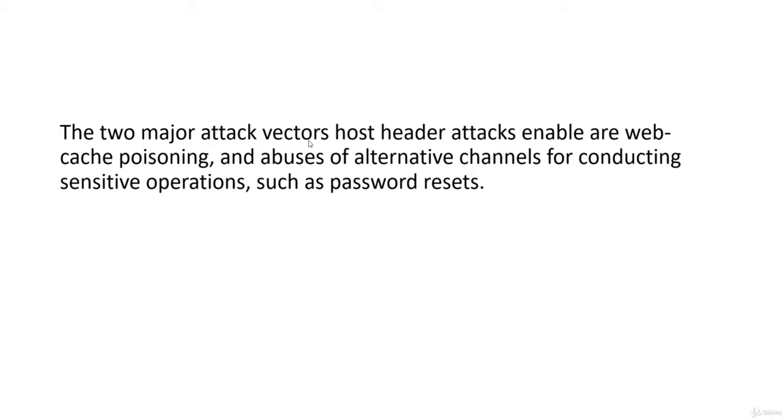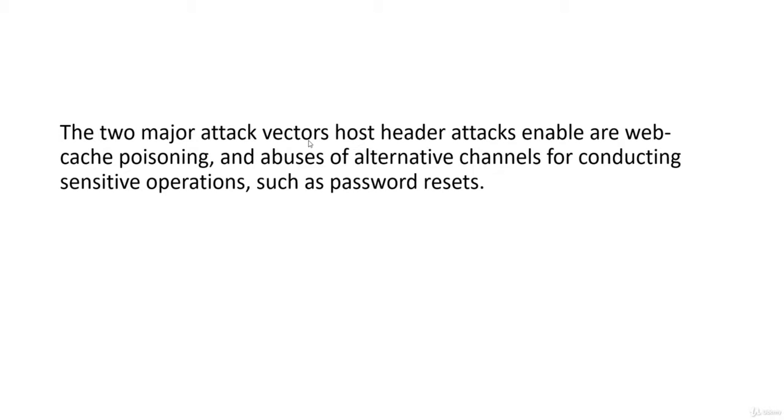The two major attack vectors that host header attacks enable are web cache poisoning and the abuse of alternative channels for conducting sensitive operations such as a password reset. So this is the major attack that can be done with the host header. One is web cache poisoning, which we'll see about, and another is the password reset, which is the abuse of an alternative channel for conducting a sensitive operation.